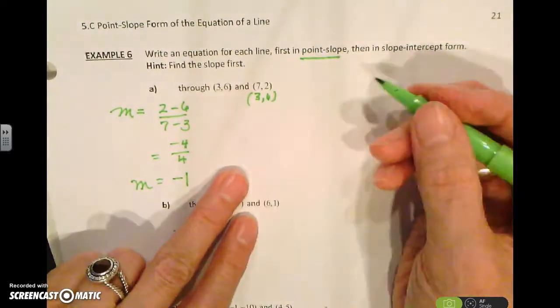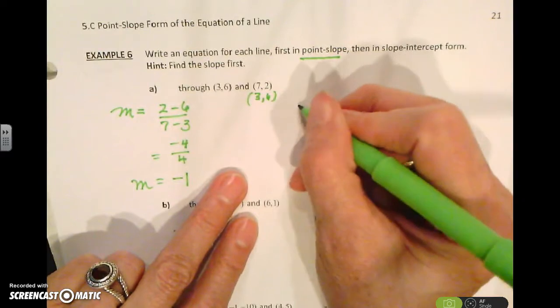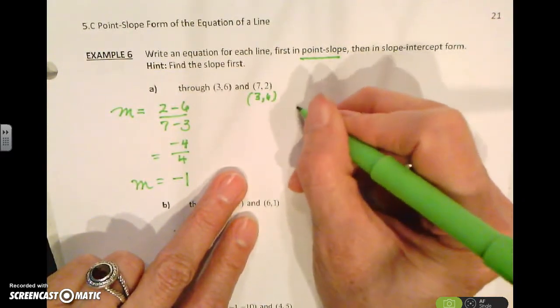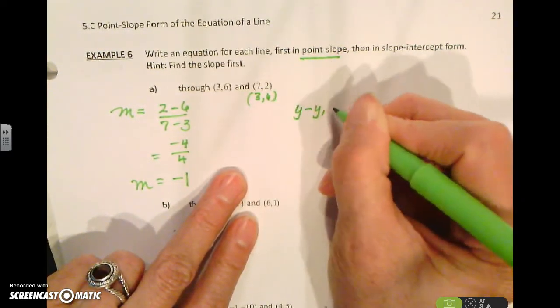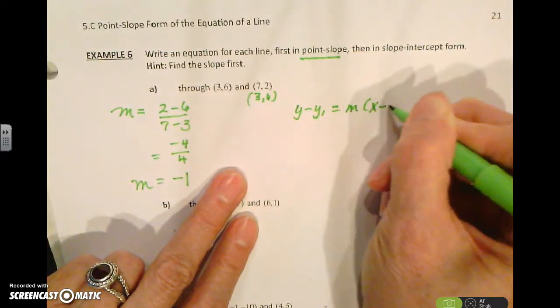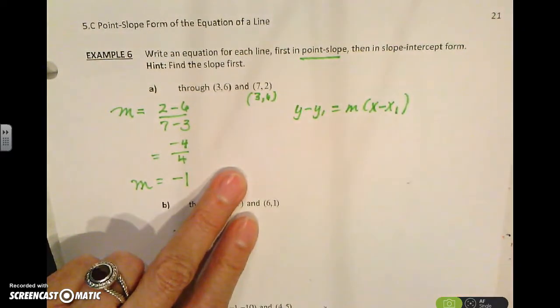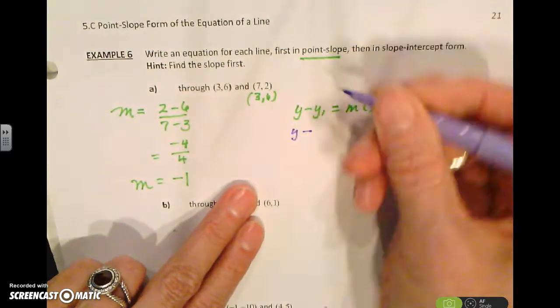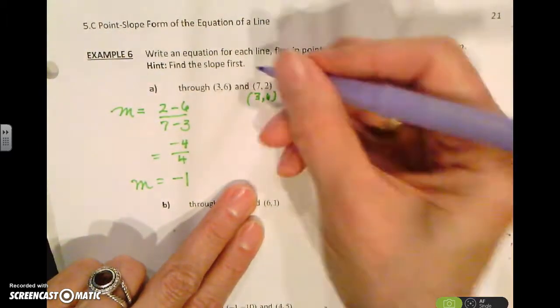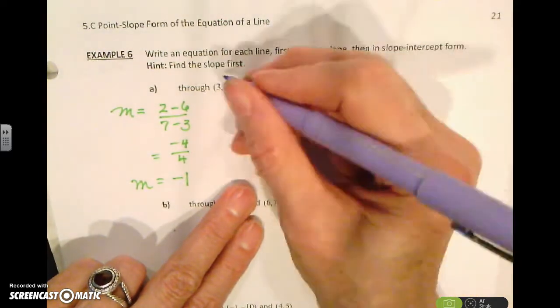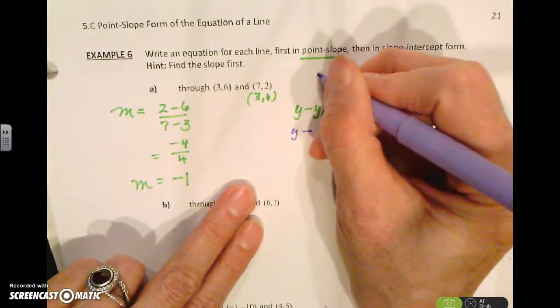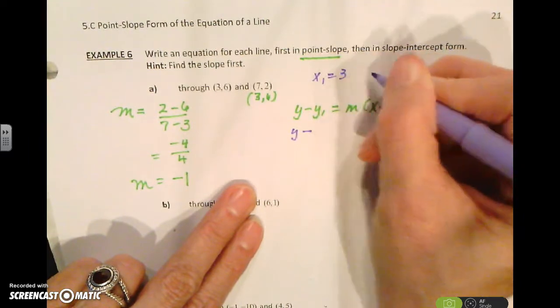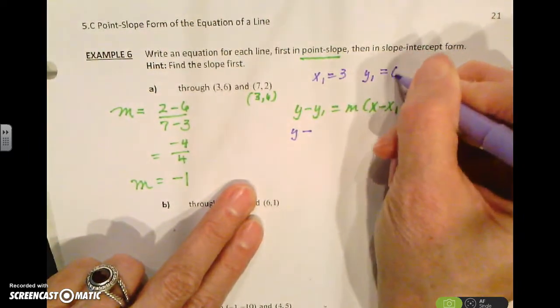So my slope for this problem is negative 1. So once I calculate that, then I'm going to put it in point-slope form. So that's y minus y1 equals m times x minus x1. So I'm going to plug into that. So I'm going to have y minus, and I'm going to choose either point. So why don't we choose 3, 6? So I'm going to let x1 be 3 and y1 be 6.